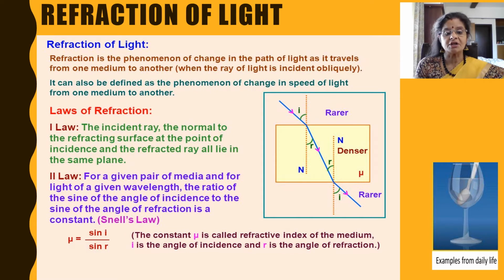This is an important law and it is called Snell's law. Here, mu is equal to sine i by sine r, where the constant mu is called refractive index of the medium, i is the angle of incidence and r is the angle of refraction.